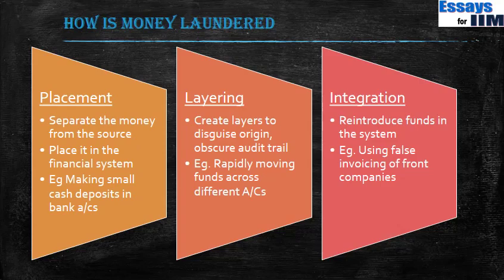Then you have integration. Eventually this money belonged to this person who had gotten it by some illegal means, corruption, drug trafficking, whatever. He needs to get his money back. So then he creates front companies. What does that mean? He might open a restaurant or a chain of restaurants, or he might open some small companies. And now these companies will do false invoicing.